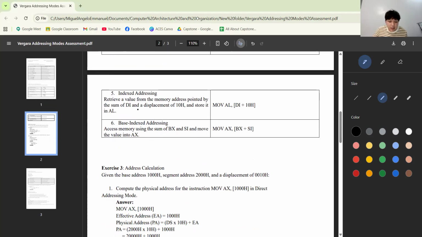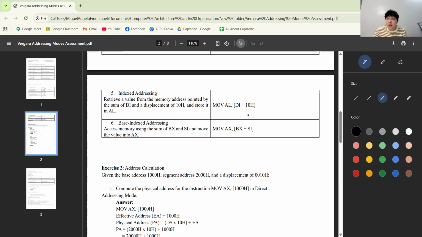Next, index addressing. So in this part, we're going to add the contents of either SI or DI and a 16-bit or 8-bit displacement. So retrieve a value from the memory address pointed by the sum of DI and a displacement of 10H and store it to AL.